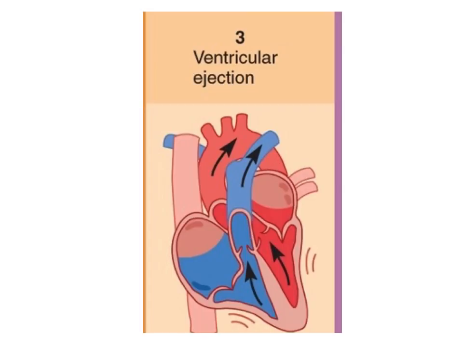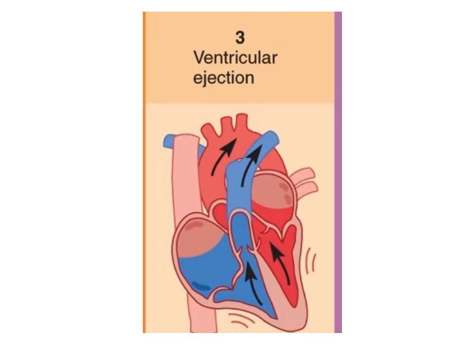Now, ejection does occur in two phases. The first is rapid ejection, and that's basically blood just kind of bursting at a really high rate of speed up through that semilunar valve due to the really high pressure difference between the ventricles and the vessels.